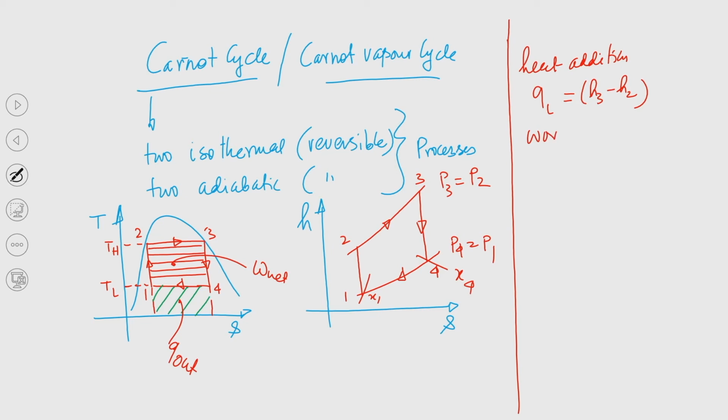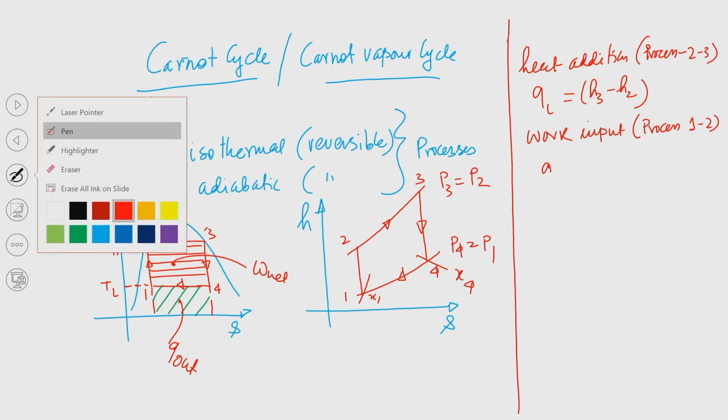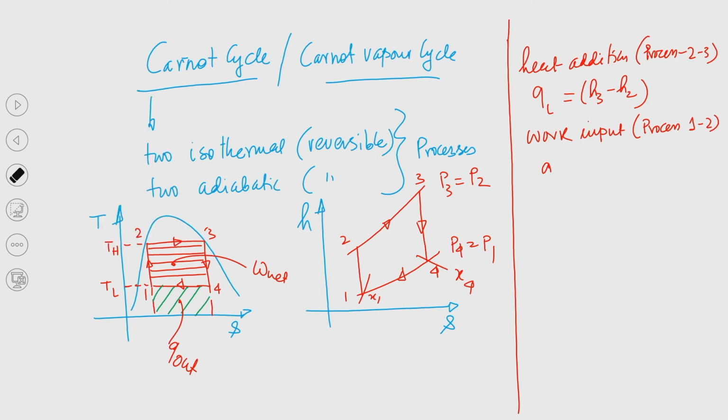work input. So, this is process 2 to 3. Work input, process 1 to 2, right. So, this is W in, let me write this is W in.